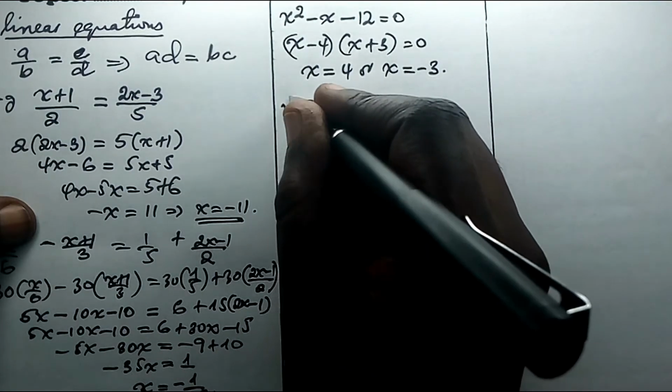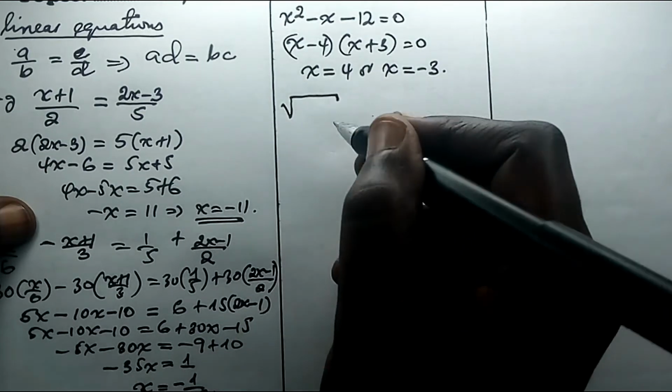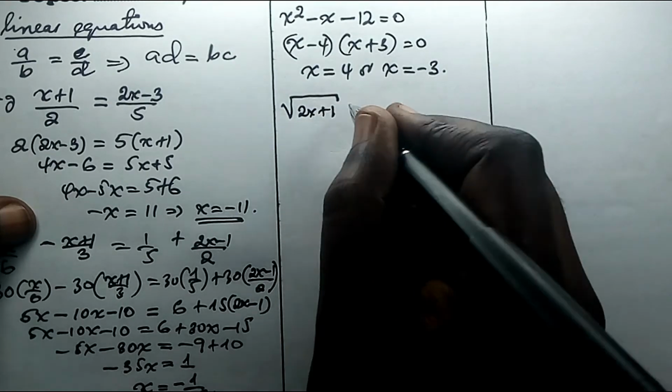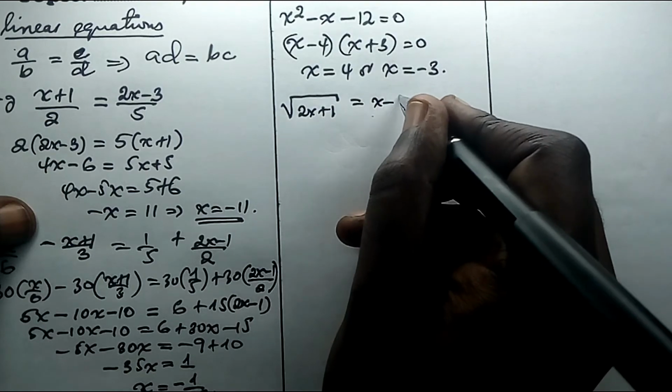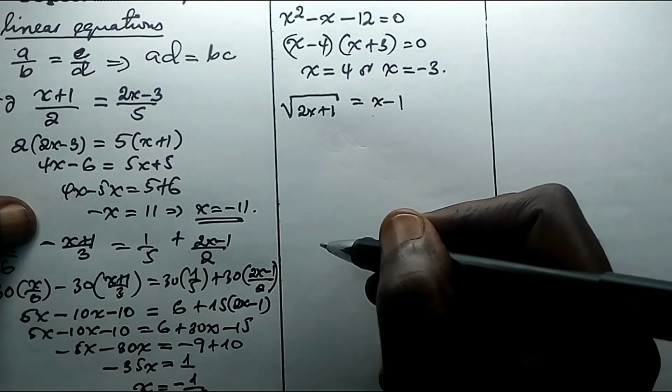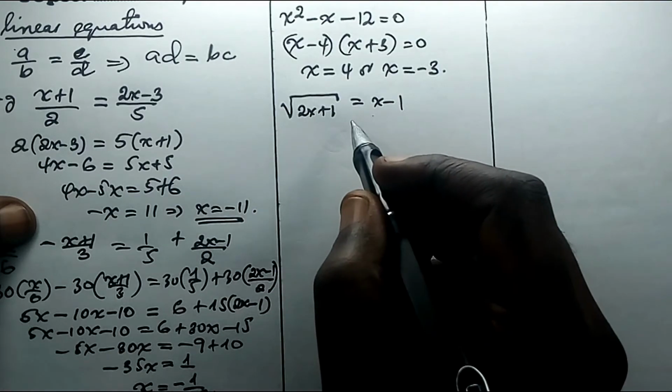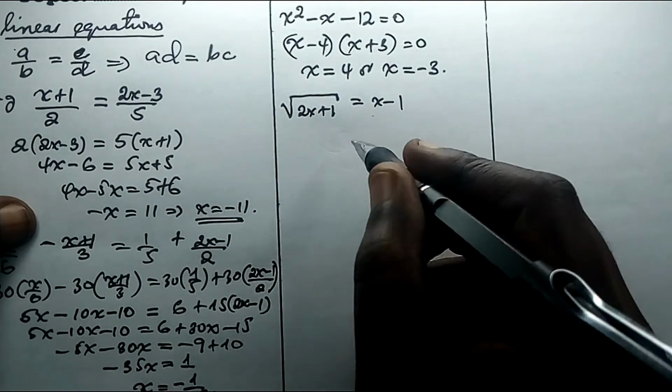You could have instead a radical equation with square root of 2x plus 1 equals x minus 1, for instance. And in that case, to remove the root sign, I need to square both sides.